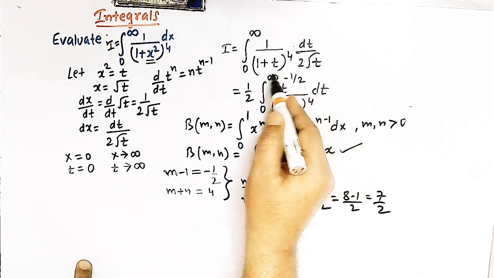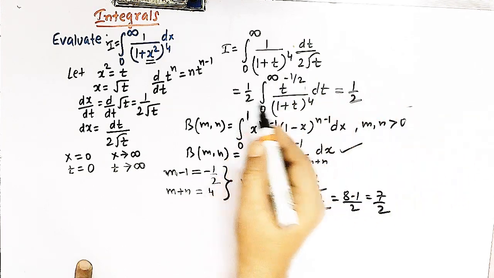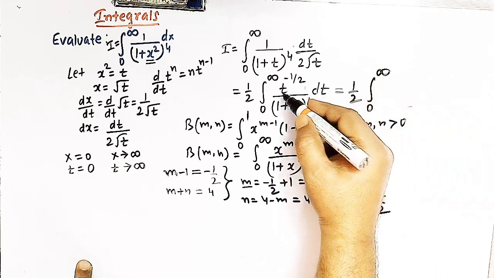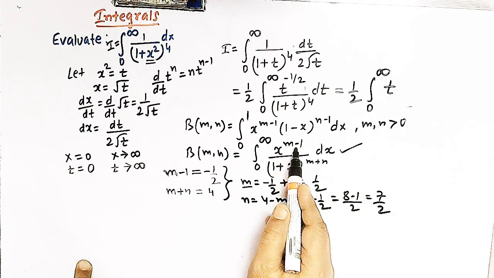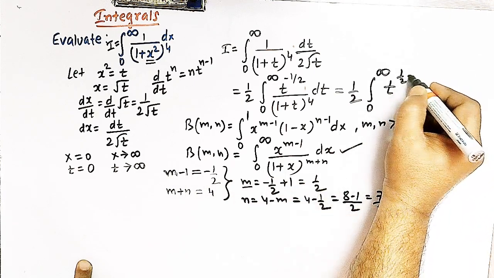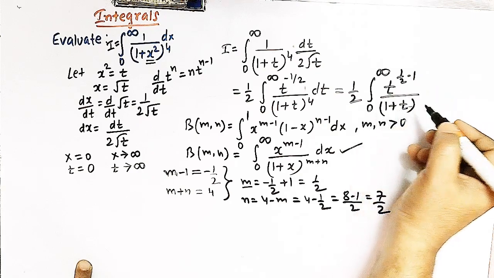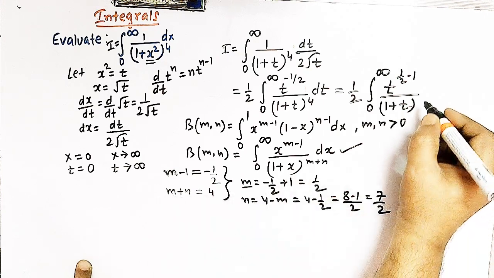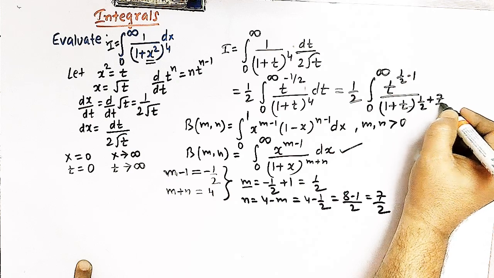So now we can express this integral as half times the integral from 0 to infinity of t raised to minus half, which can be written as m minus 1. M is half, so we have half minus 1, divided by 1 plus t raised to 4. 4 can be written as m plus n, so here we have half plus 7 over 2.